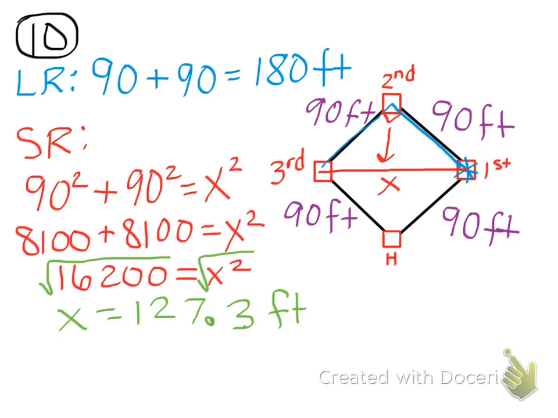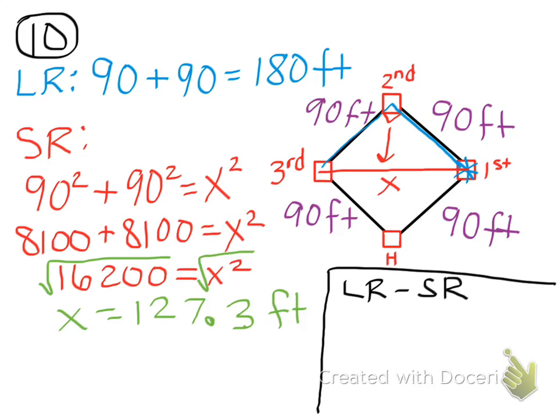Then it asks how much shorter is cutting through the field from first to third base. So if we take the long route minus the short route, so I'm going to write this in the corner, the long route minus the short route. So we're going to take 180 minus 127.3.